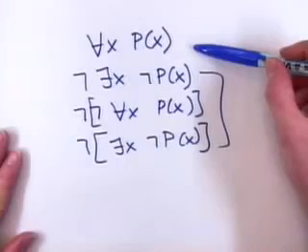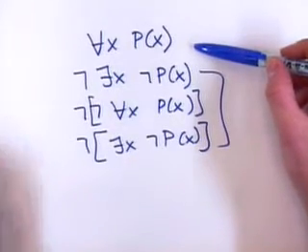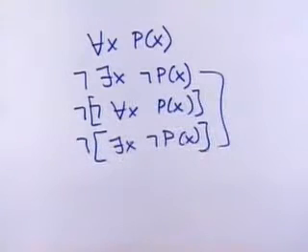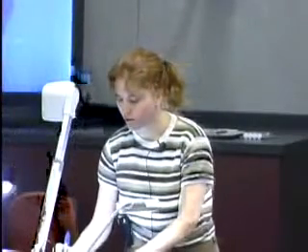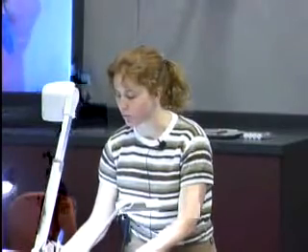So how many things, in order to make for all x p of x false, do I need? I just need one p that is false. So it could be p of 10 or p of Tiffany or p of whatever the inputs happen to be. I only need one to make for all false. So in my truth tables with predicate calculus, we have some shorthand. Let me do a little more complex example here.